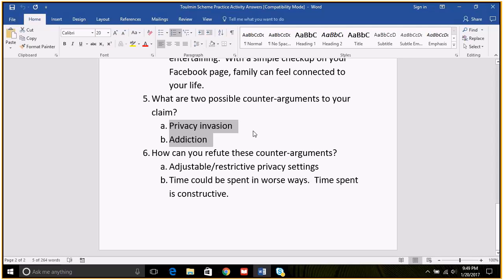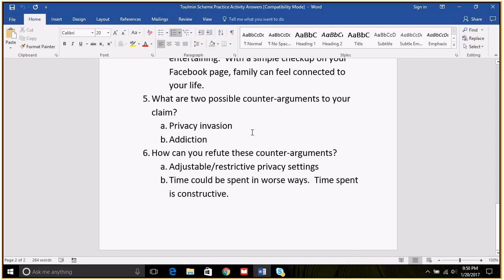So the first counter argument we have, privacy, it's a privacy invasion. Facebook allowing your family and your friends and other people that aren't your family and aren't your friends to see pictures of you, to see what you're thinking, to see if you're traveling, pictures you're taking, a lot of people are very concerned that that's a privacy invasion.